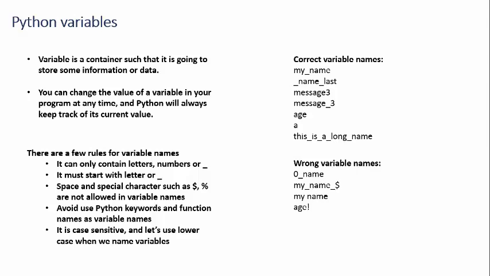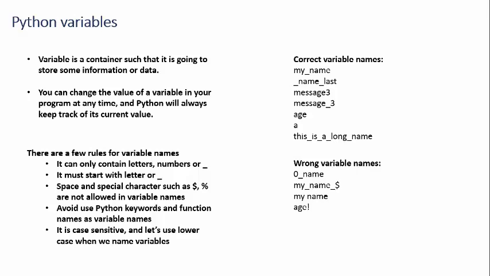So those are some of the rules for variable names. A variable is basically a container that stores some information or data. You can change the value of the variable in your program at any time, and Python will always keep track of its current value.